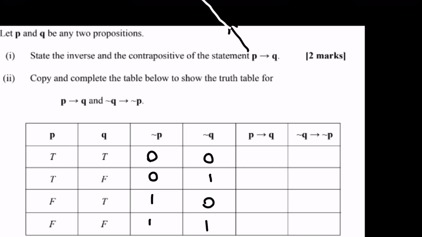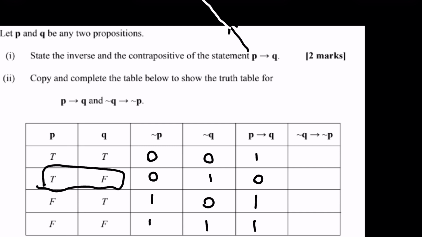For P then Q, remember, this is if P then Q. So if P is true, then Q should be true, right? When the first one is true and the second one is false, that can't work. So we're just going to take 1 0 1 1.